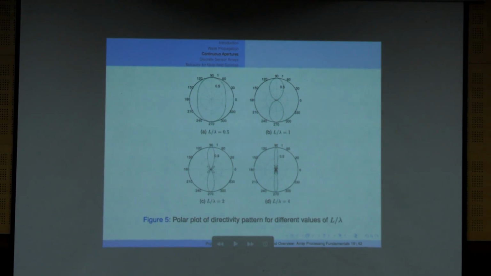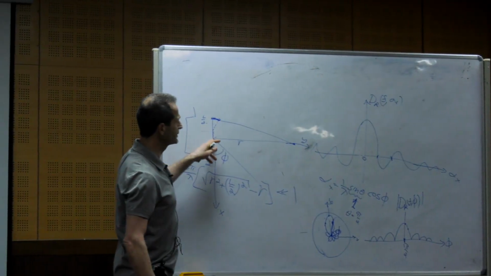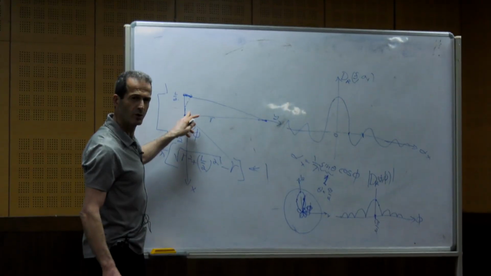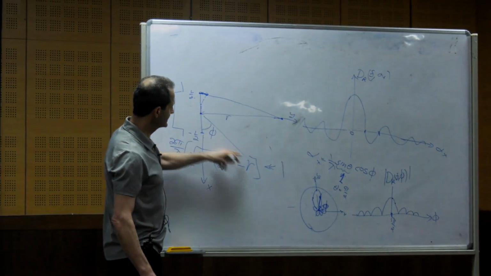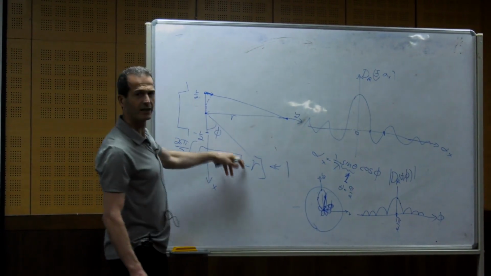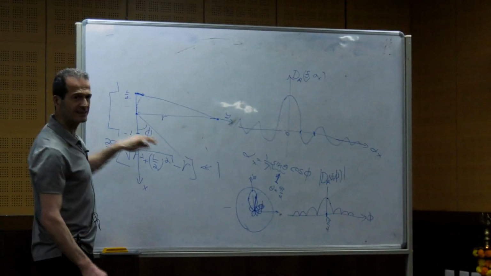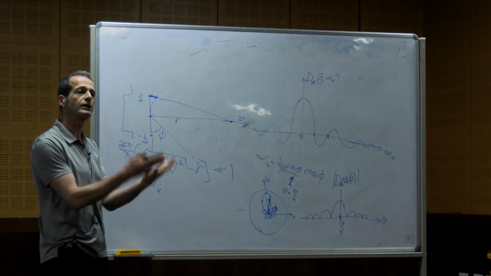With the polar plot, we will get this. And actually it makes sense. Why? Because if we have a low frequency source, it means that the phase differences are very small. So if a source comes from another direction, the phase differences are very small. It accumulates.